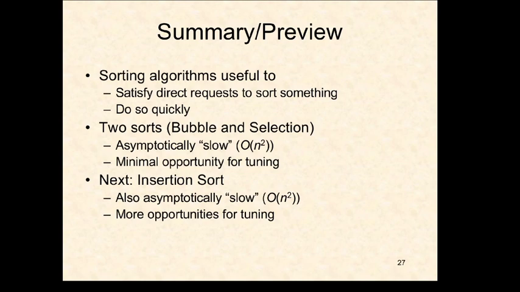We've just been able to make the best case a little bit better, but there's only been really one change we made. We've cut down the comparisons or we cut down the swaps, one or the other. There was only one improvement to be made in each of them. Insertion sort is still going to be O of n squared, but we're going to have a lot more opportunities to improve it.